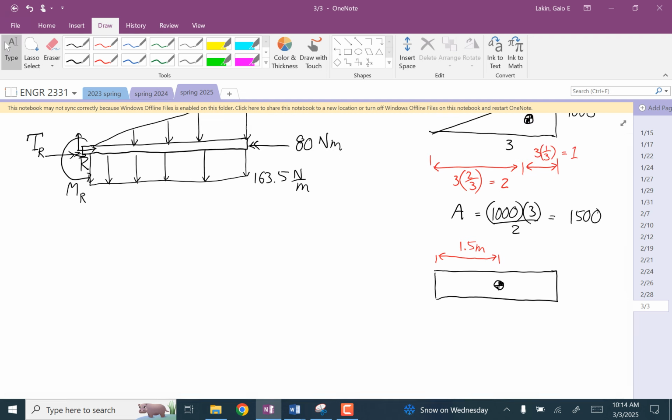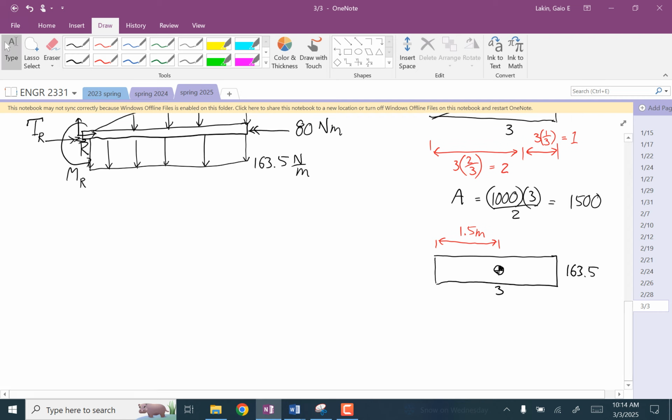And the height is 163.5. The length is 3. So the area is 3 times 163.5, which is 490.5.